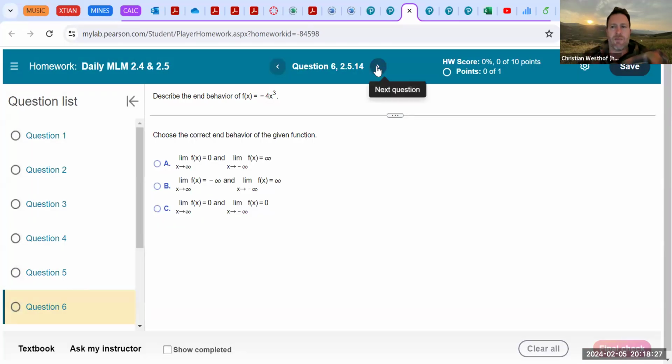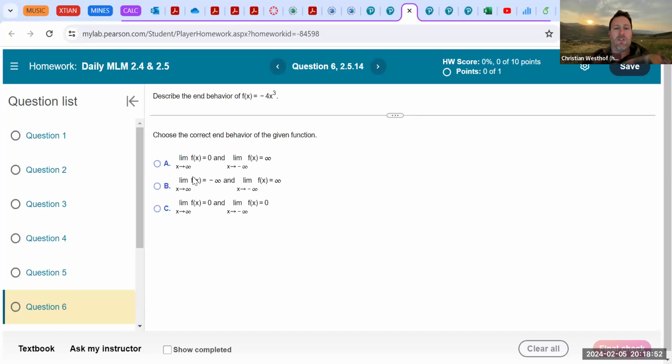For a horizontal asymptote, you take the limit going to either positive infinity or negative infinity. So in this case, the correct end behavior is that if x is getting really big positive, this goes to negative infinity, and really big negative, it goes to positive infinity. The answer would be B here.